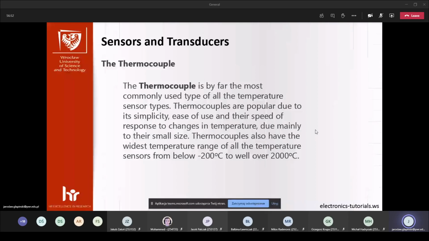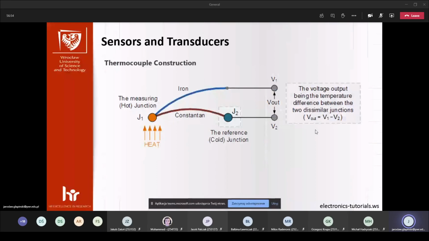So generally, a thermocouple is the connection of two metals. In this example, we've got iron and constantan, and we've got an element which is heated. So the join of these two wires is the element that can measure the temperature.